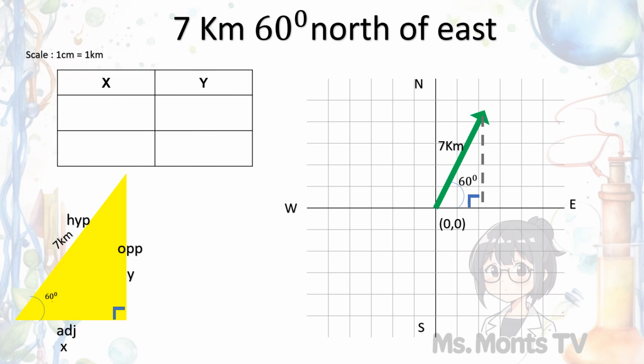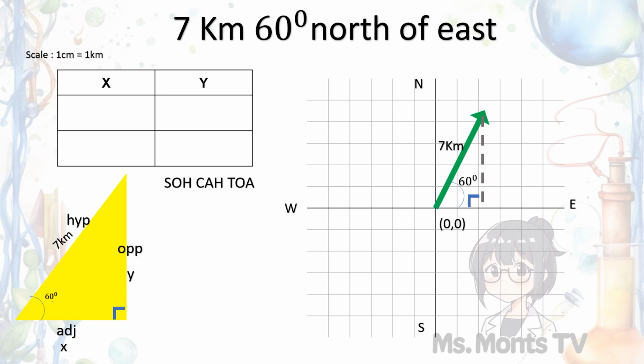Now let's get the x and y components of this vector. We will use SOHCAHTOA. This is a basic trigonometry concept, and you will see it in another video I made for the mathematical concepts you use in studying physics.